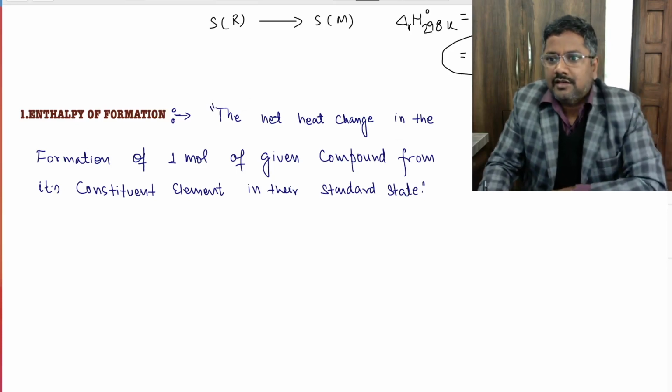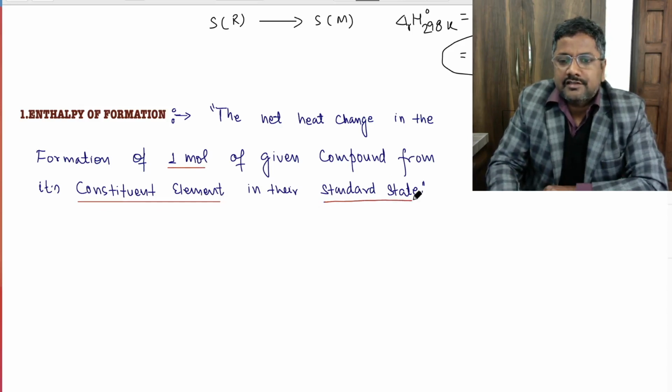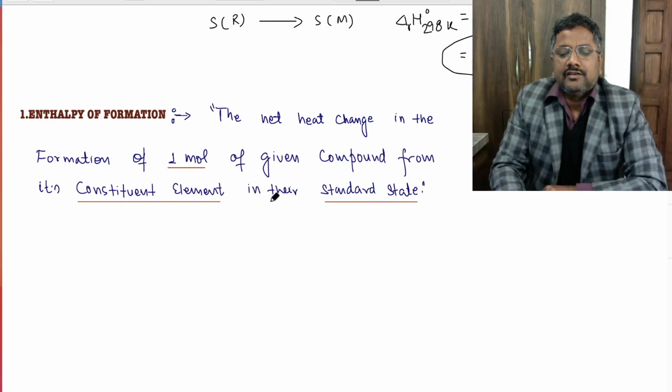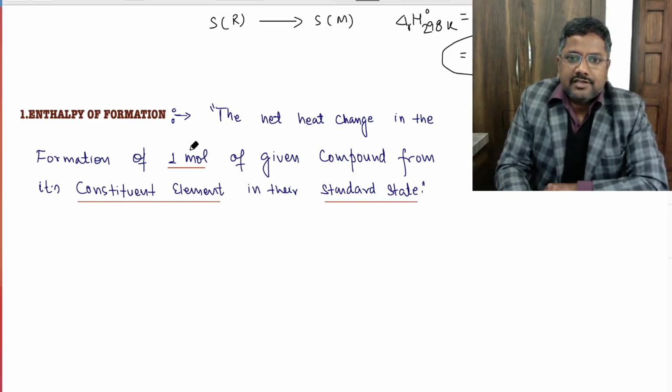See, the key words in this definition: one mole, this is the key word, constituent elements, this is the key word, and standard state. One should know the meaning of all these terminologies. What is the consequence of one mole? Definitely the enthalpy of formation, delta H formation, becomes intensive.